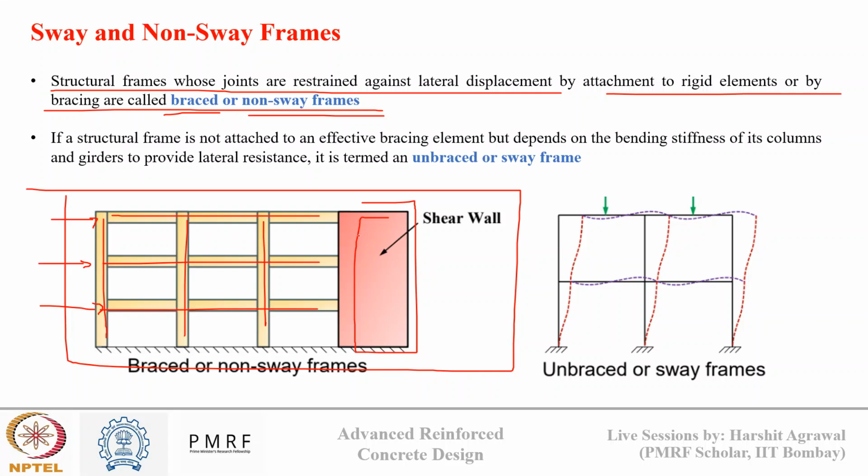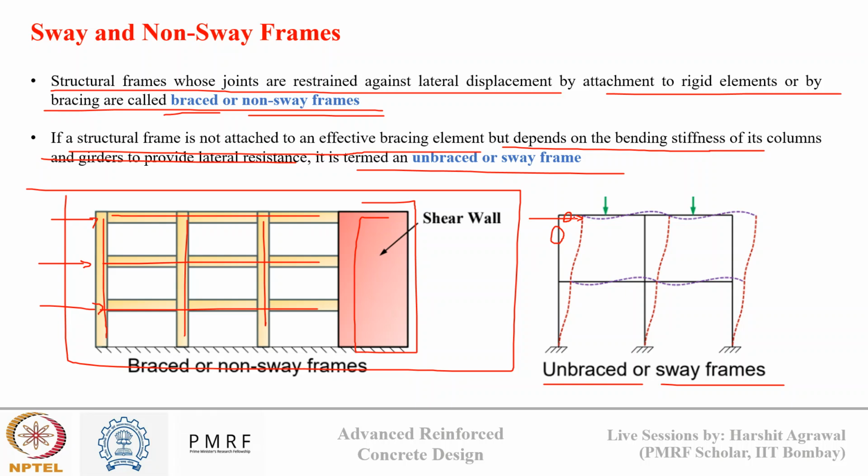However, if there is no shear wall present on this side, what will happen? This frame will undergo lateral displacement, and such frames are known as unbraced frames or sway frames. So if a structural frame is not attached to an effective bracing element but depends upon the bending stiffness of columns and girders to provide lateral resistance, such frames are known as sway frames. The amount of lateral displacement happening in such a frame depends upon the stiffness of the columns and the beams.